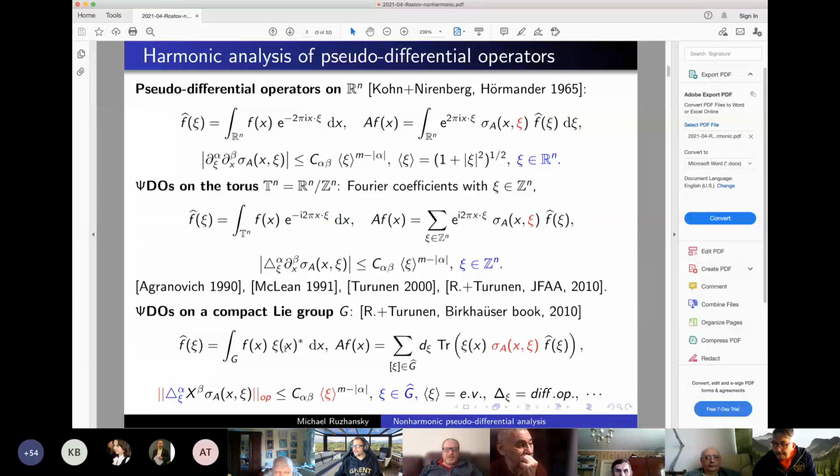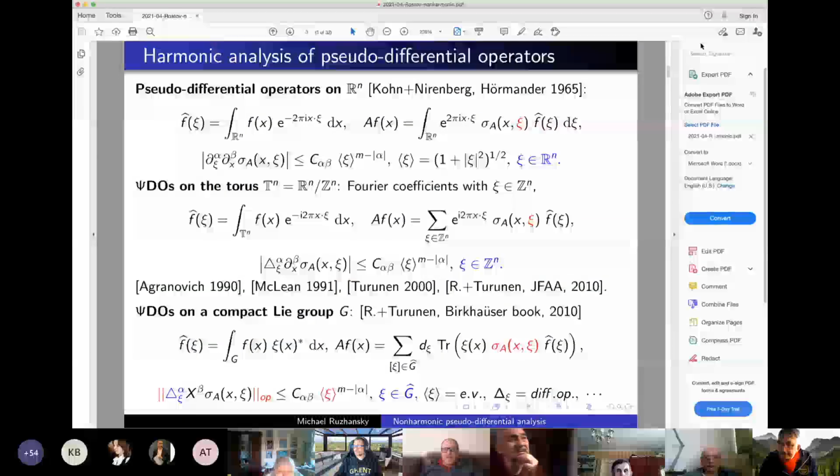The Fourier coefficient becomes matrix valued in the case of compact groups, and then we can consider a similar formula with a matrix valued symbol, using the trace. Then we can also define symbol classes and try to develop the theory, which we developed with Turunen more than 10 years ago: a global theory of these operators on compact groups.